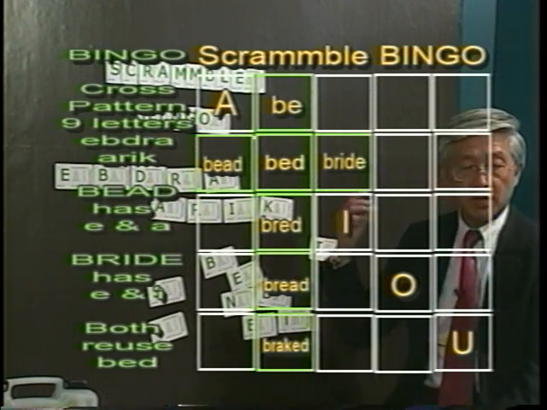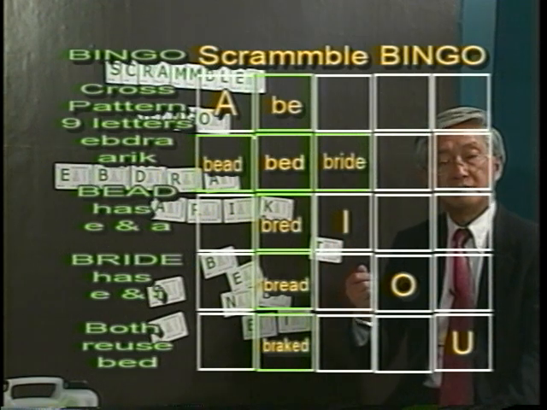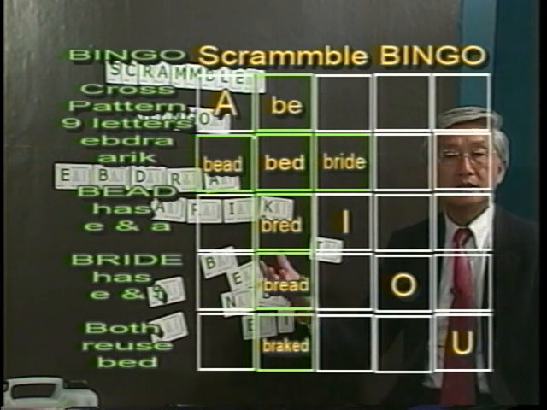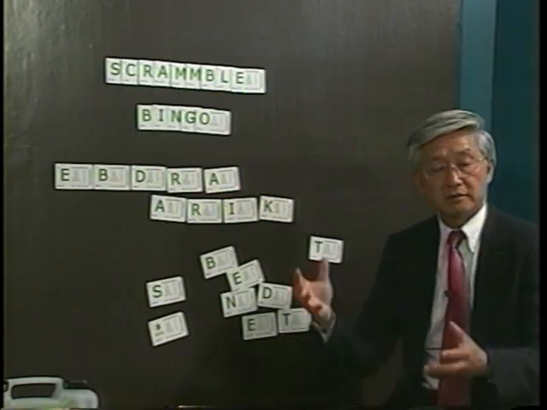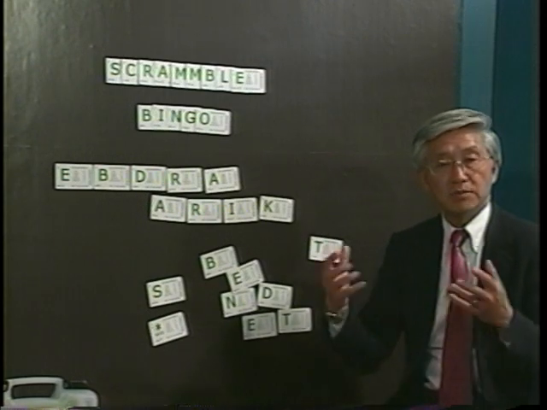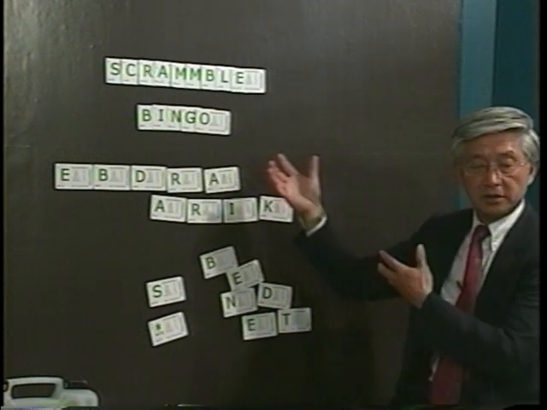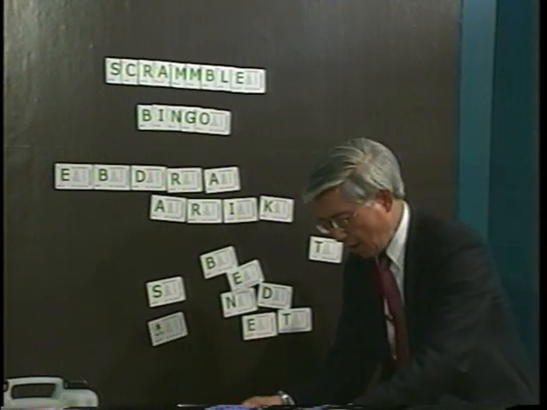So this type of game can be easily played in classrooms, in schools, or among friends at home, because it's very easy to make. In fact, all Scramble games that we created are simple to make, and that's why you could use the same design to play different games. Okay. All right.